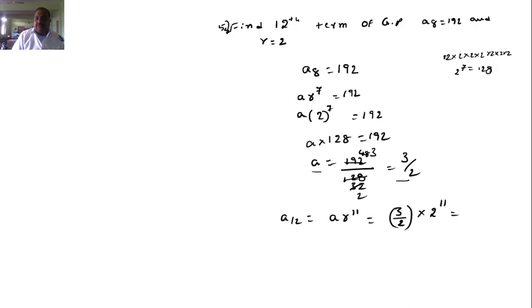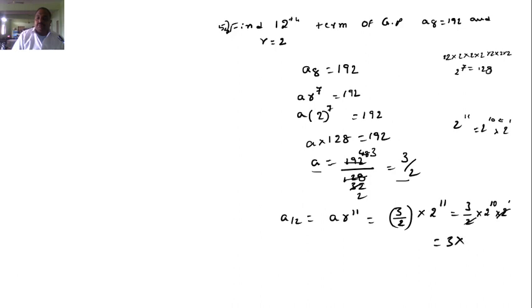That is equal to 3 by 2 into 2 to the power of 11. 2 to the power of 11 we can write as 2 power 10 into 2 to the power of 1, because a power m into a power n again becomes 2 to the power of 11. So 2 and 2 cancel.